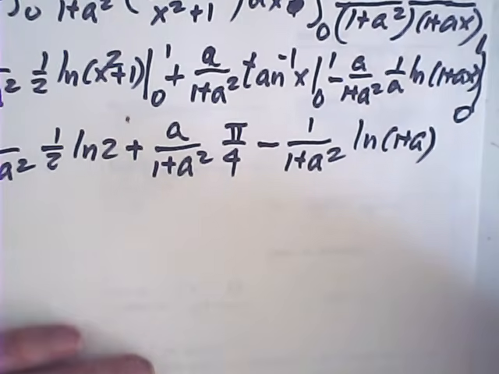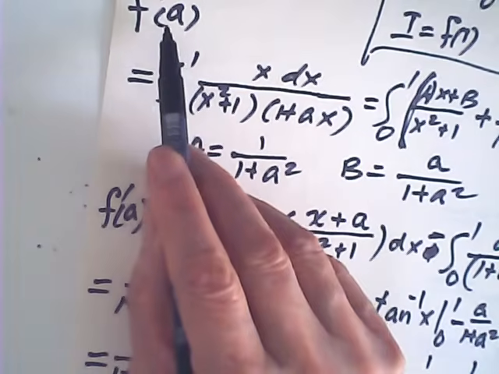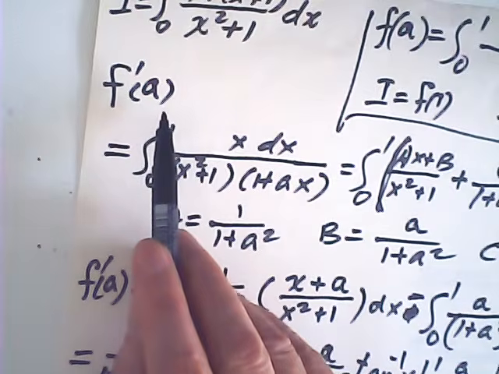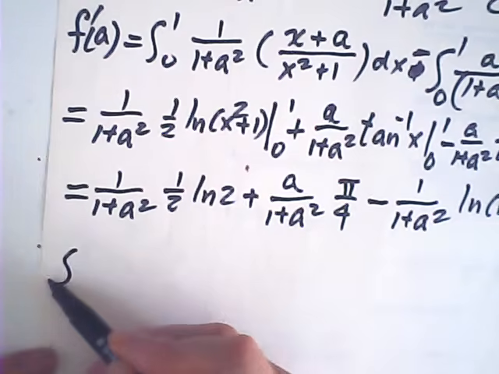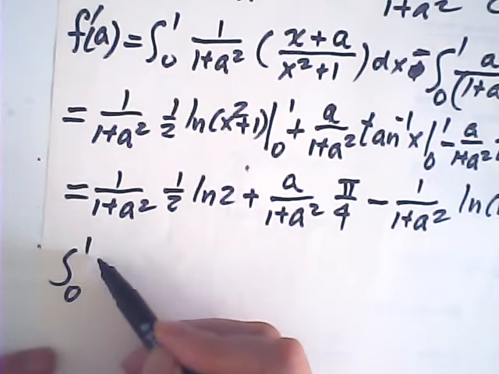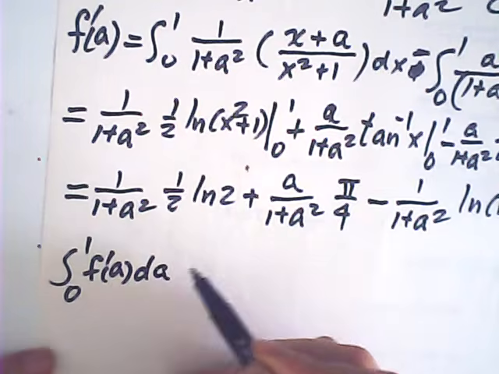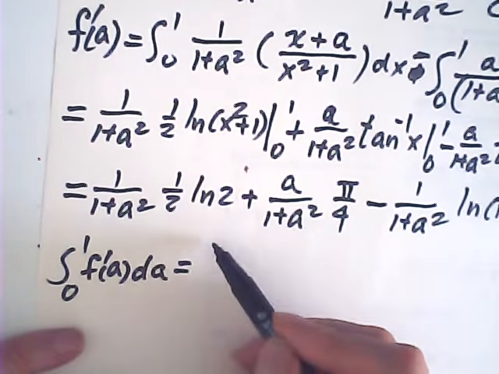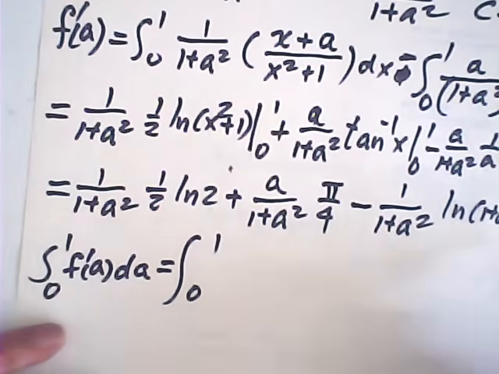Okay, that is the left-hand side, f derivative with respect to a. So then I integrate both sides from 0 to 1, the whole stuff.